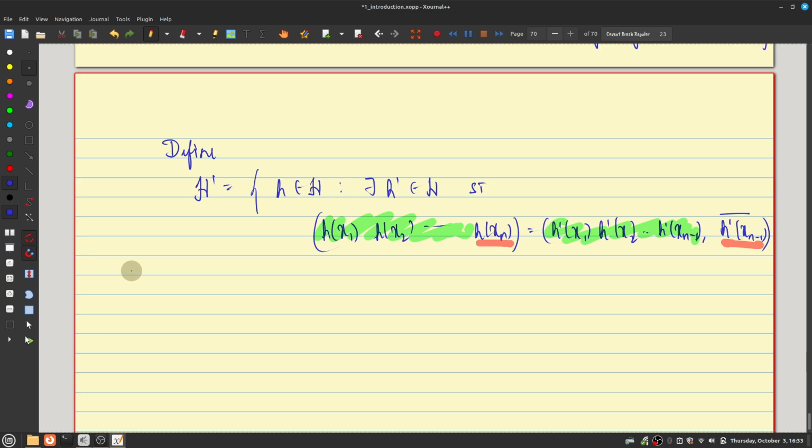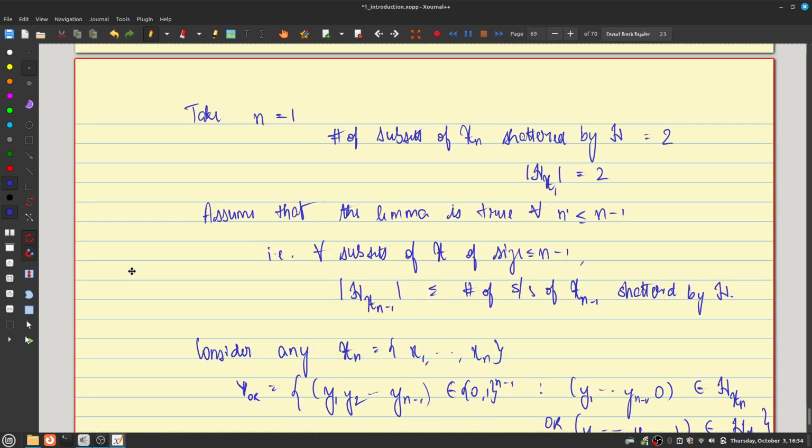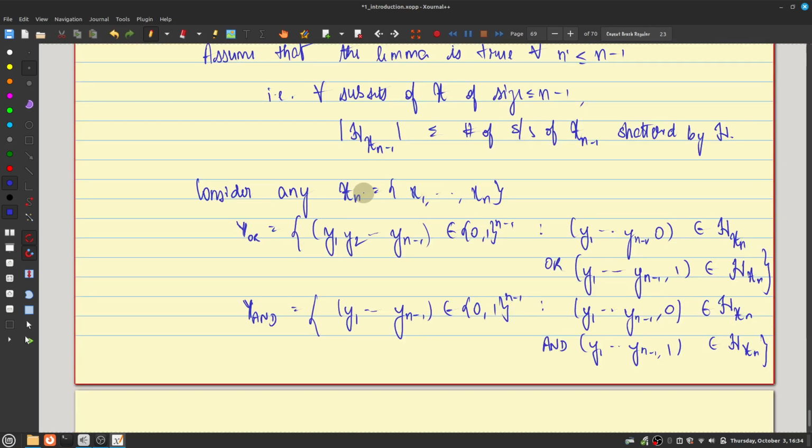Okay, so x1 basically comes from this subset, right? We fixed n elements. Just think of them as n training samples if you like.